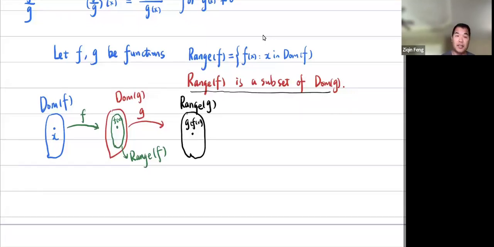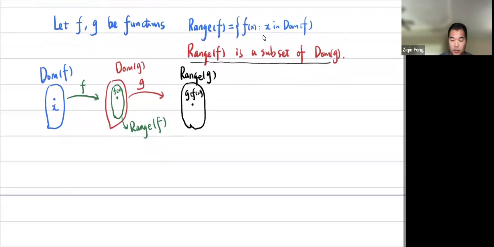If you get something outside the domain of g, then g of that number is undefined. So we give a new name for this function, which is called composition. We have notation for that. It's called the composition of f and g.